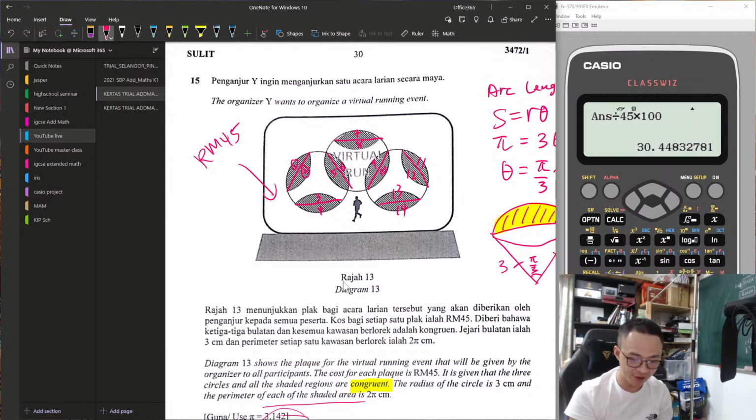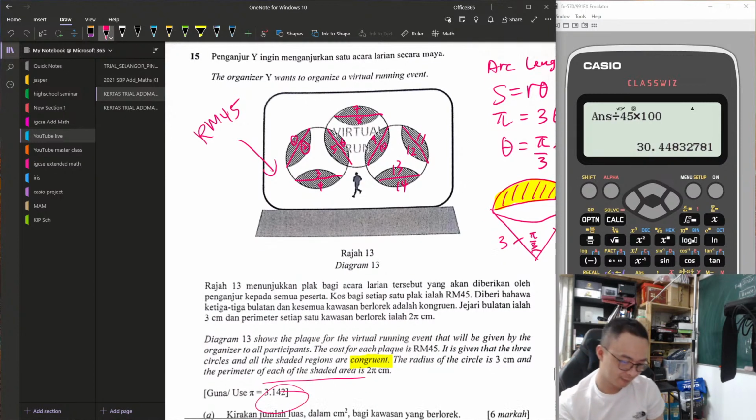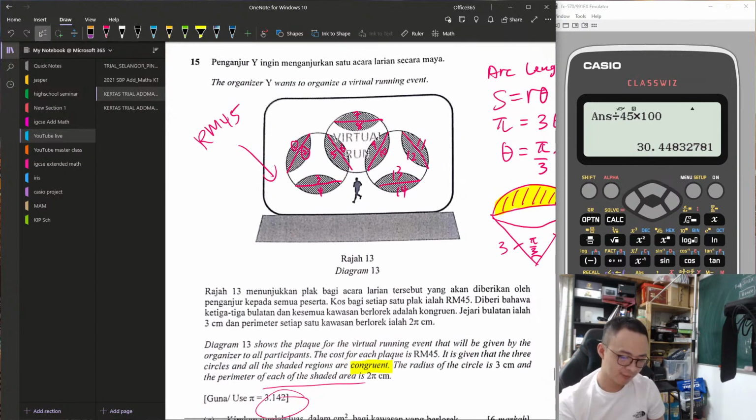The cost of each plate is 45. Do we need to multiply?